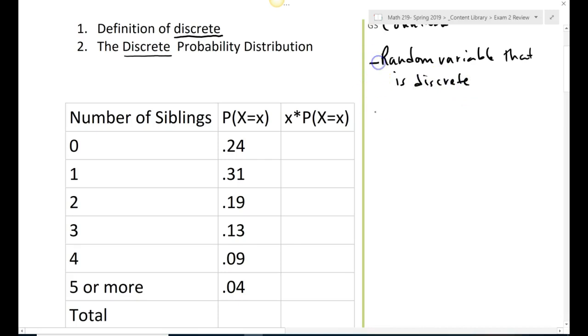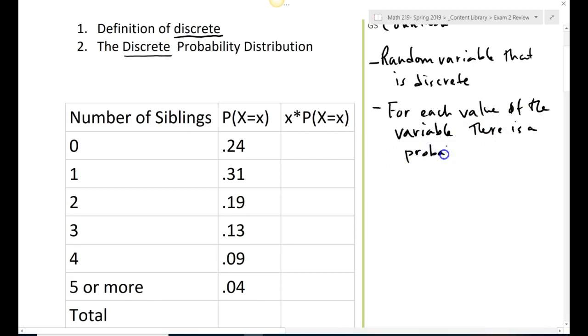And for each value of the variable, there is a probability. And so this is what it looks like.